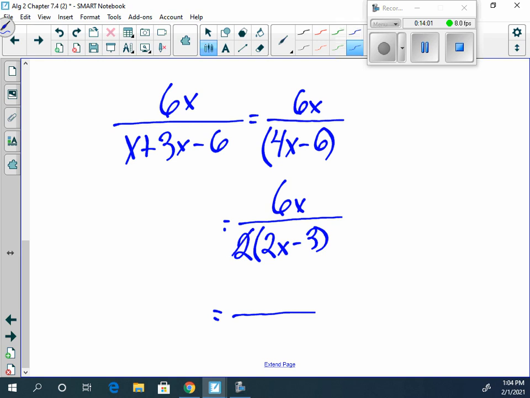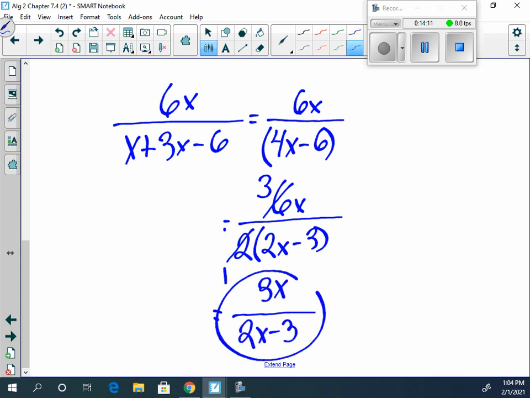And well, these here will simplify because 6 over 2 is the same as 3. And leave me with 3x over 2x minus 3. And that's it. So we had to factor out the greatest common factor to get down to this here.